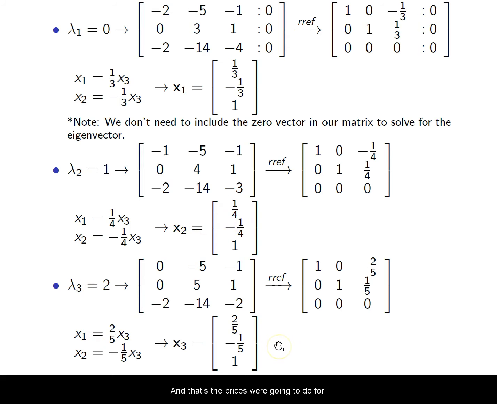Okay, there you go. And that's the process we're going to do for pretty much every problem in this chapter, although we are going to expand on this process quite a bit, but we are going to do this a lot. There's going to be a lot of eigenvalues and eigenvectors for a large portion of this class.